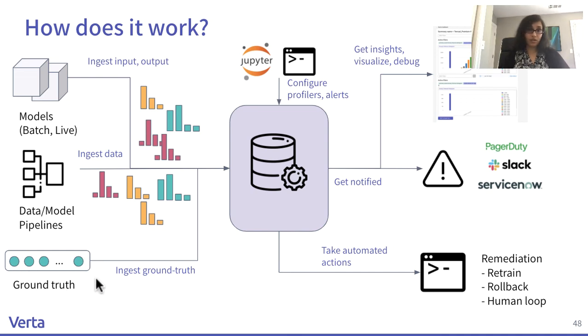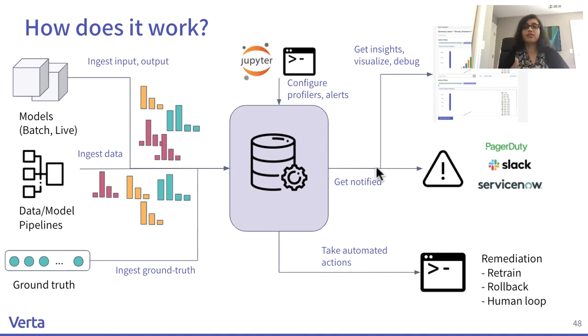And if you have access to ground truth, ingest ground truth as well. This essentially goes to a time series database and generates various statistics based on the data type. There are out-of-box functions, which we call profilers. These profilers will generate those charts and graphs for you, or you can build your own custom profilers.